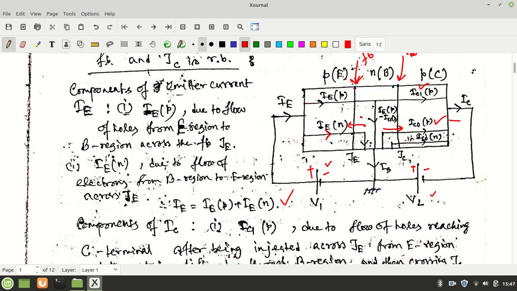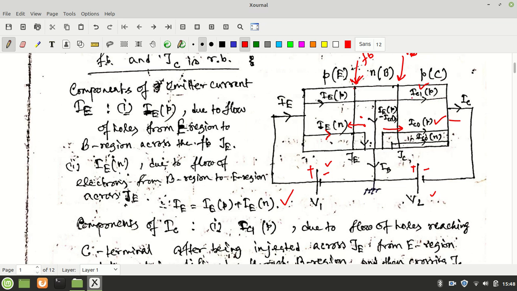Now the holes are coming from the P type, that is the emitter, and they cross the junction due to the forward biasing voltage, as I have discussed. Those which recombine with the electrons in the N type region are IEP minus IC1P, and the rest of the charges which are not recombined with negative charges follow the same path and enter the collector region.